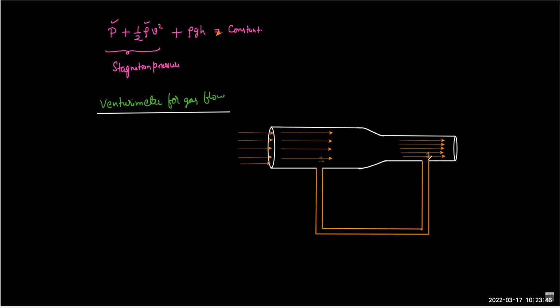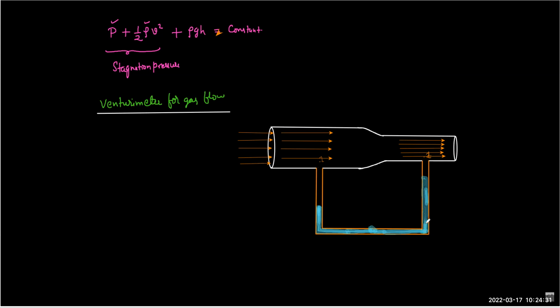If you move very fast, then at this point the pressure will drop, and therefore if you put some liquid inside the tube, then because of the vacuum, it will be sucked up. So the liquid level will rise in the right column.